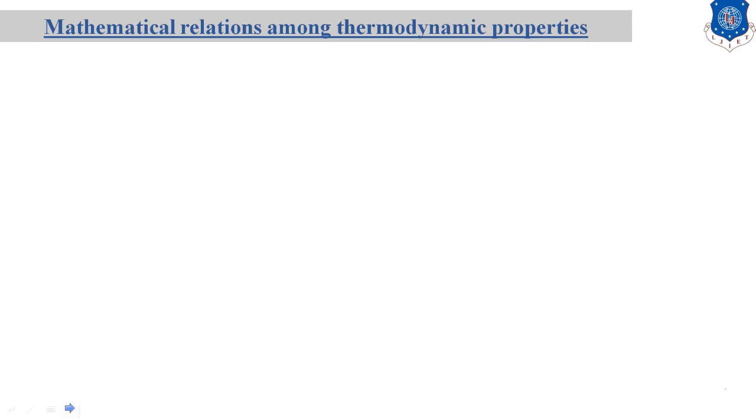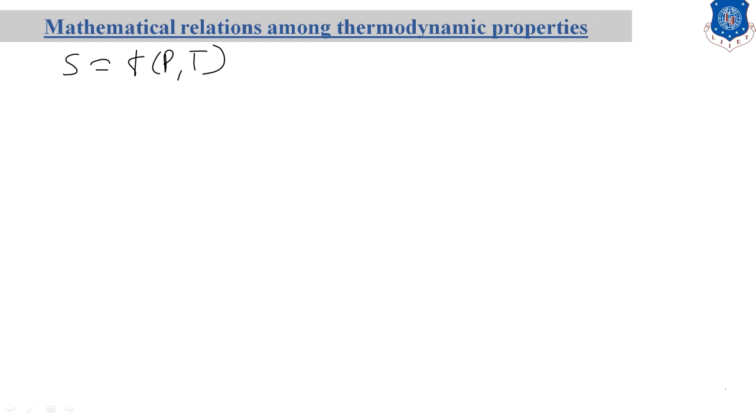Now let's take the concept of exact differential equation. What is the meaning of exact differential equation? Let's understand it. We know that entropy is a function of temperature and pressure, so we can write S = f(P, T).